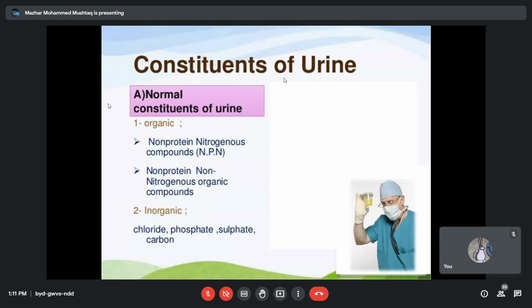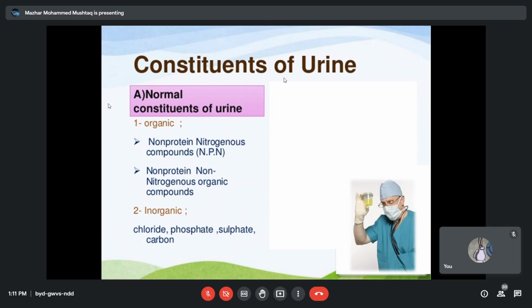The normal constituents of the urine are divided into organic and inorganic. The organic ones are non-protein or protein in nature.